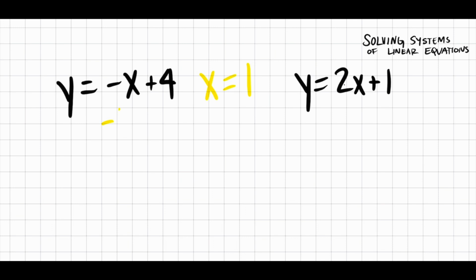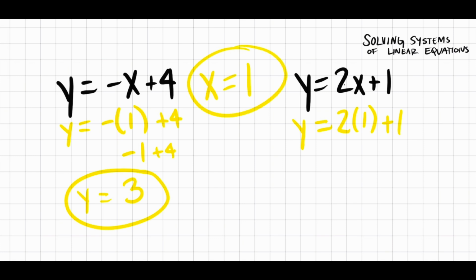So we're going to plug in x for both equations, starting with the one on the left. So we plug in 1, and it becomes, and then I'll write it over here too, y equals 2 times 1 plus 1. So let's solve the one on the left first. Negative 1 plus 4, y equals 3.